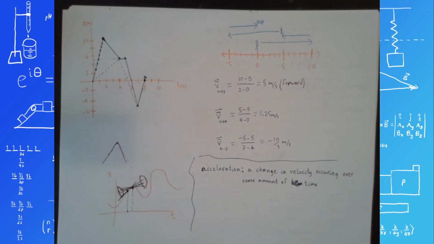Sometimes we call it deceleration, but you can also think of it as negative acceleration. In physics, deceleration is just a specific case of acceleration. So that's a change in magnitude only.